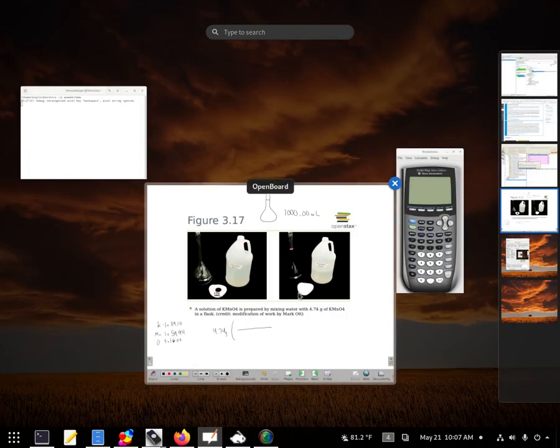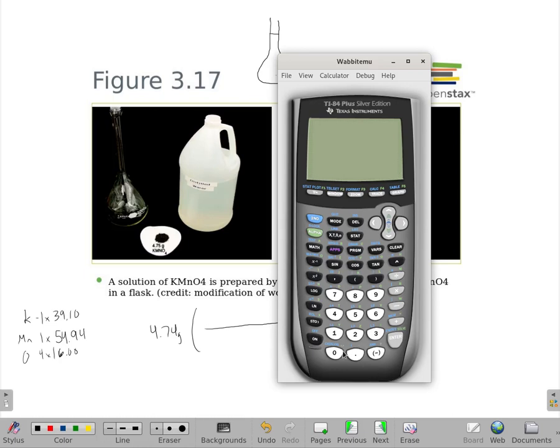So our molecular weight of KMnO4 is 4 times 16 plus 54.94 plus 39.10, which is 158.04.